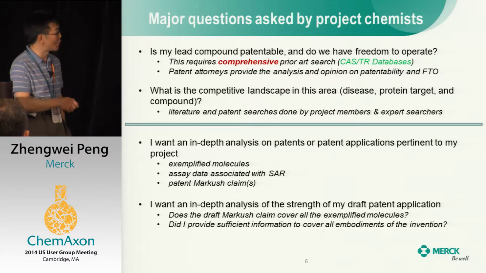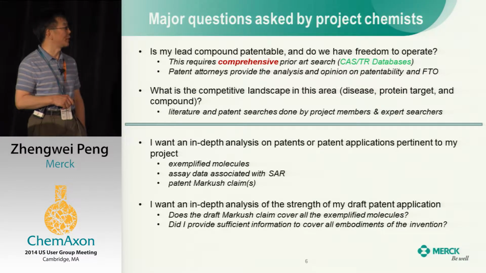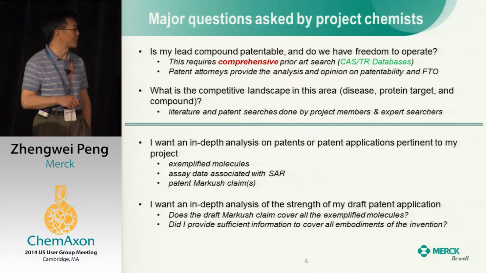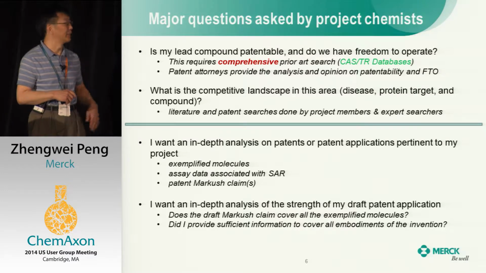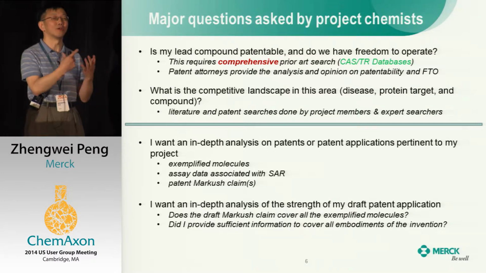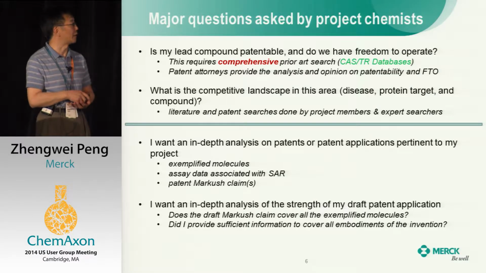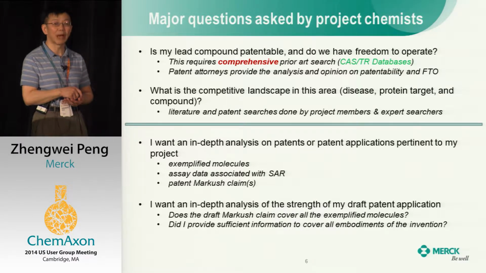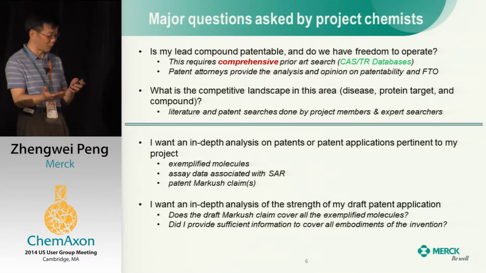They really want to know the patent in depth. All the explicit exemplified molecules need to be extracted. Assay data and SAR need to be extracted, and also the patent Markush. Not only that, they also want to enumerate and do an in-depth comparison to make sure that the current project lead still has a position. Otherwise, they need to abandon it as soon as possible because it has already been claimed by other people.